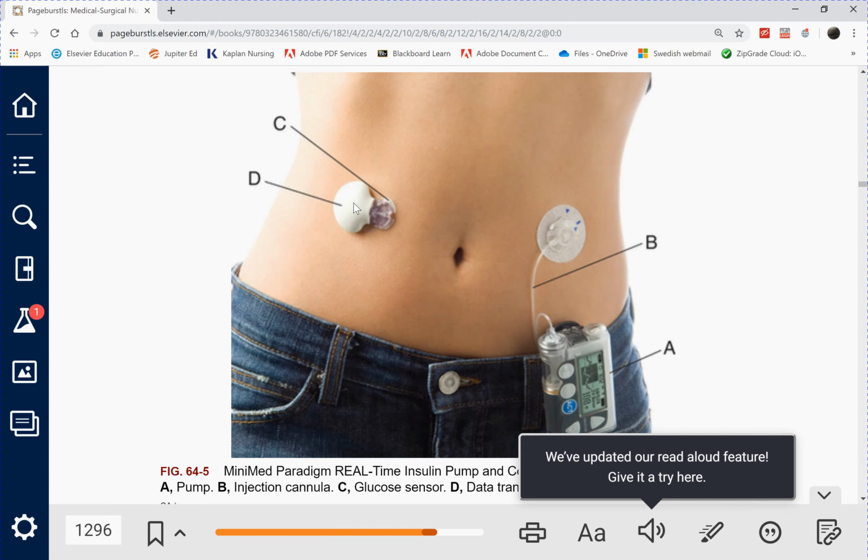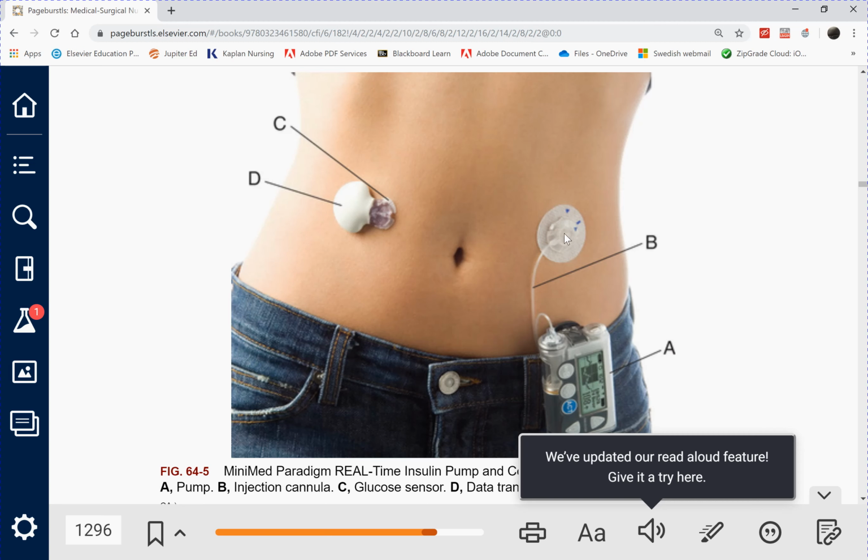This monitors the blood sugar of the patient, and then wirelessly transmits the results to the pump. Okay, so this small computer here, the pump, will be programmed to give the patient a steady insulin infusion, slowly.